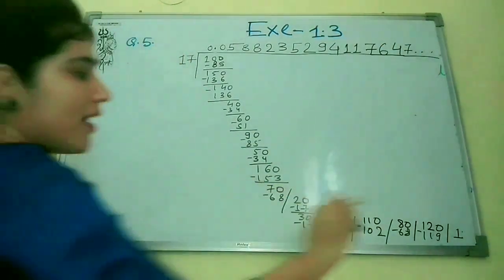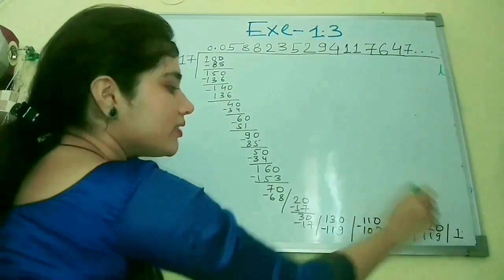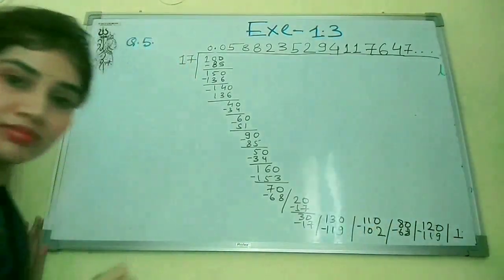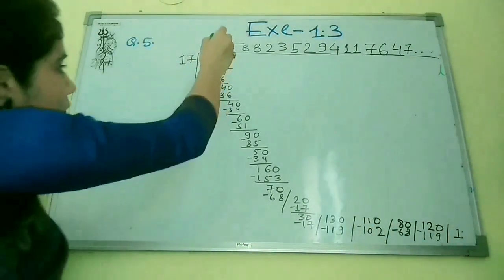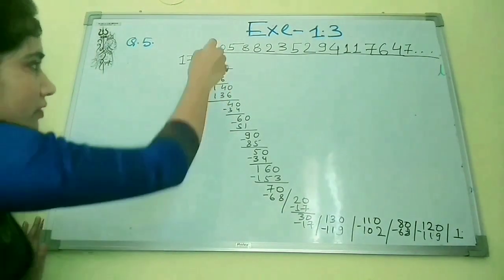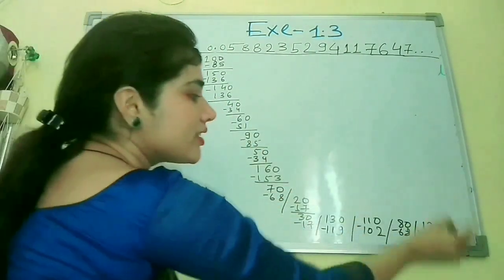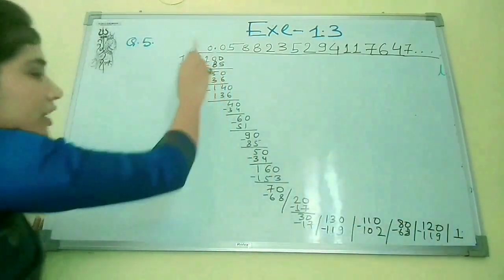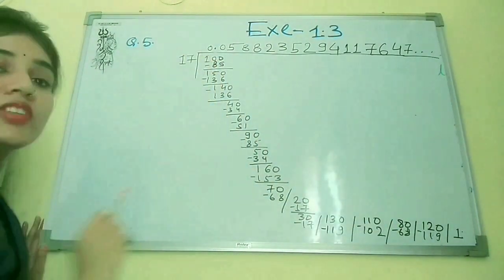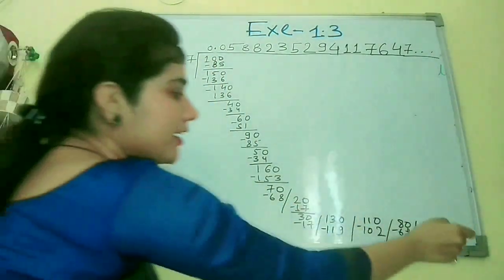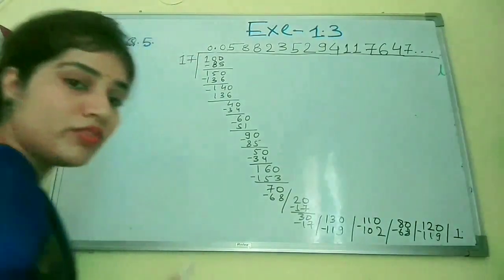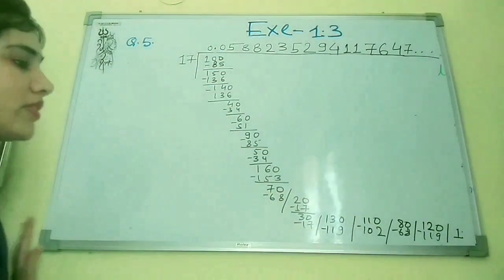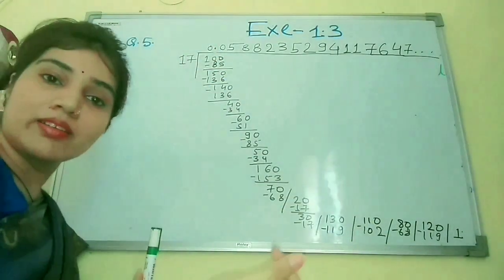After performing this, we get 1 as the remainder, which is where we started, which means the whole process will repeat again.